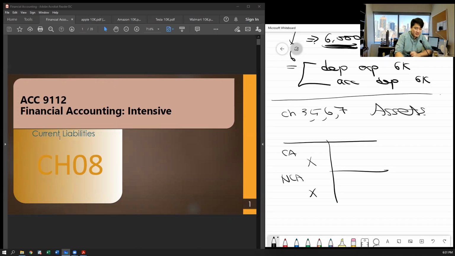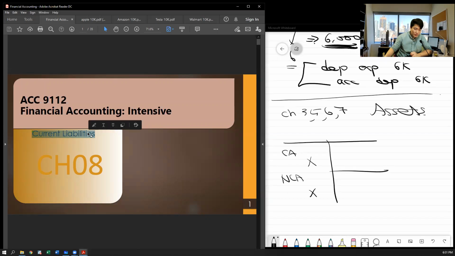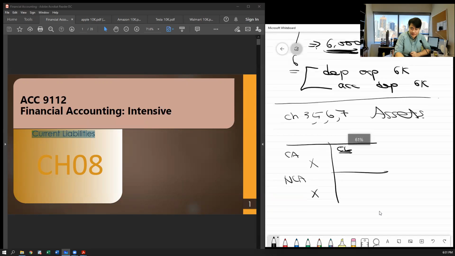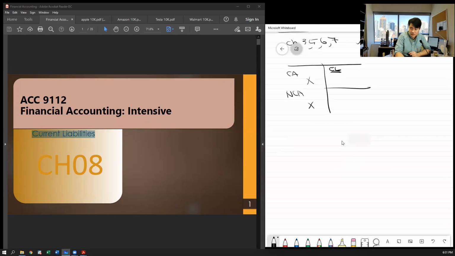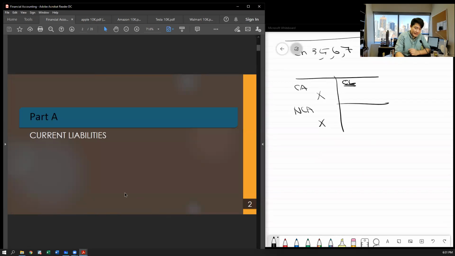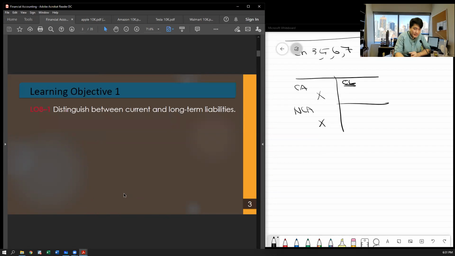Now it's time to talk about liabilities. In chapter 8, we're going to talk about the current portion of the liabilities that are reported on the right-hand side of the balance sheet. So again, we're going to focus on the current liabilities.